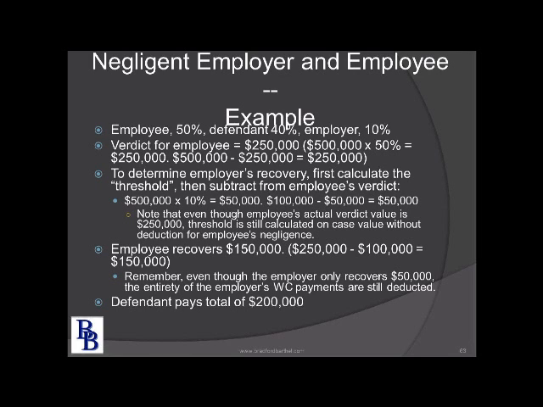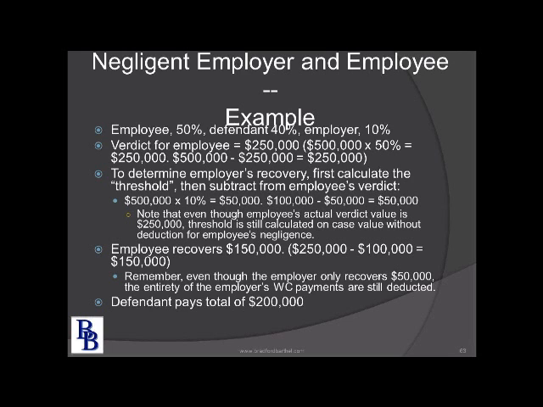Okay, final example. The employee is 50% negligent. The defendant's 40% negligent. The employer's 10% negligent. This is about as complex as it gets. Now, the employee being 50% negligent, 50% times 500,000, 250. That's where we start. We determine the employer's threshold. Again, it's 10%. 10% of 500,000 is 50.